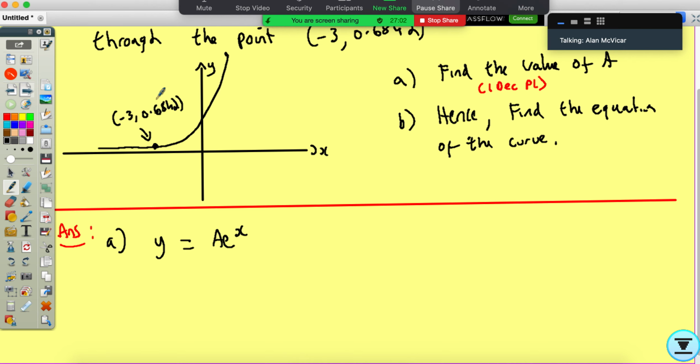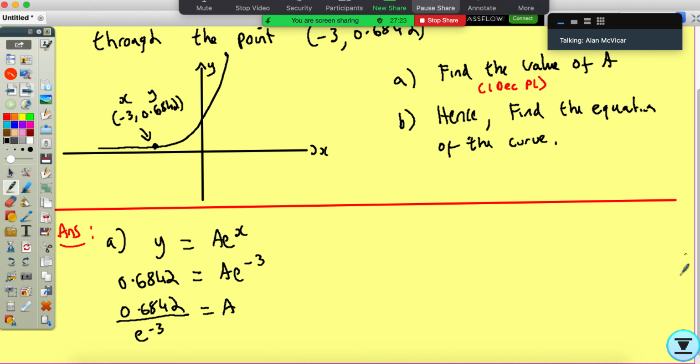Right, so you substitute in your values there. So 0.6842 equals a e to the power of negative 3, because that's x, that's y. Right, same thing as before. So a is 0.6842 divided by e to the power of negative 3.